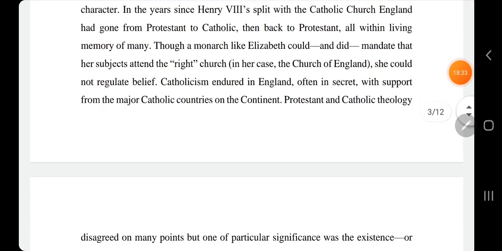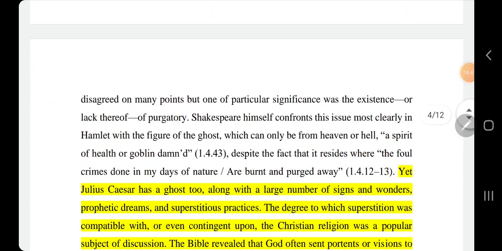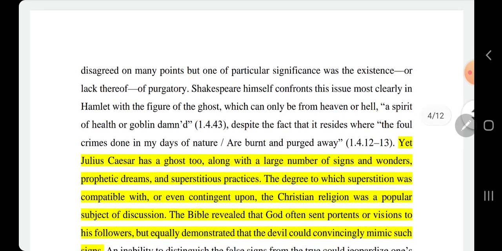Another important thing at that time is the struggle between Protestant and Catholic theology. Both of them disagreed on many points, but one of particular significance was the things that are related to God. So even Shakespeare himself, when writing about Julius Caesar, wrote about a couple of signs, a couple of ghosts.